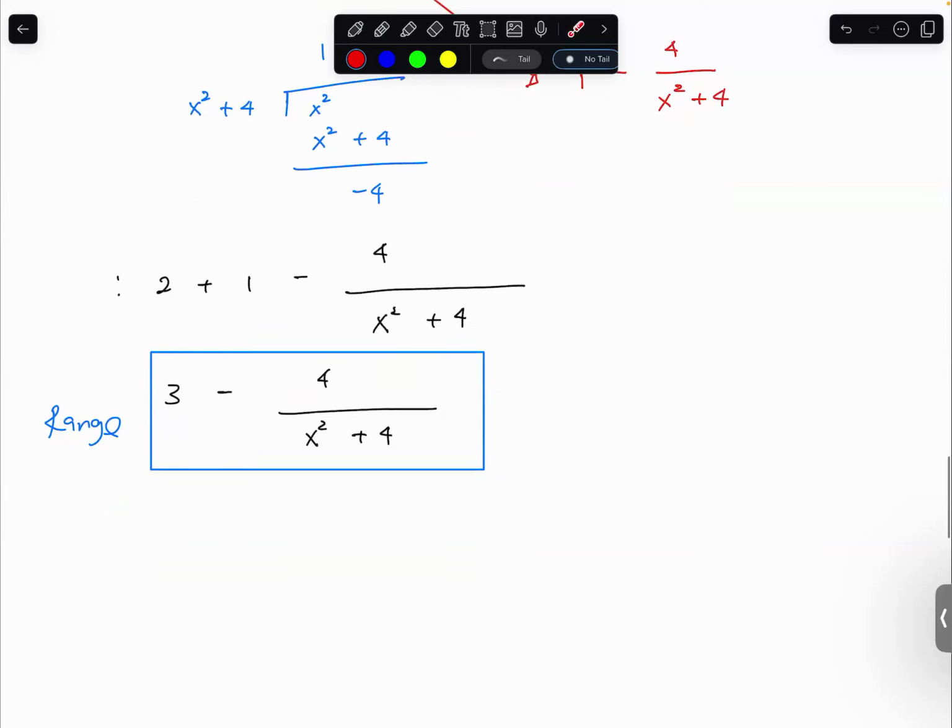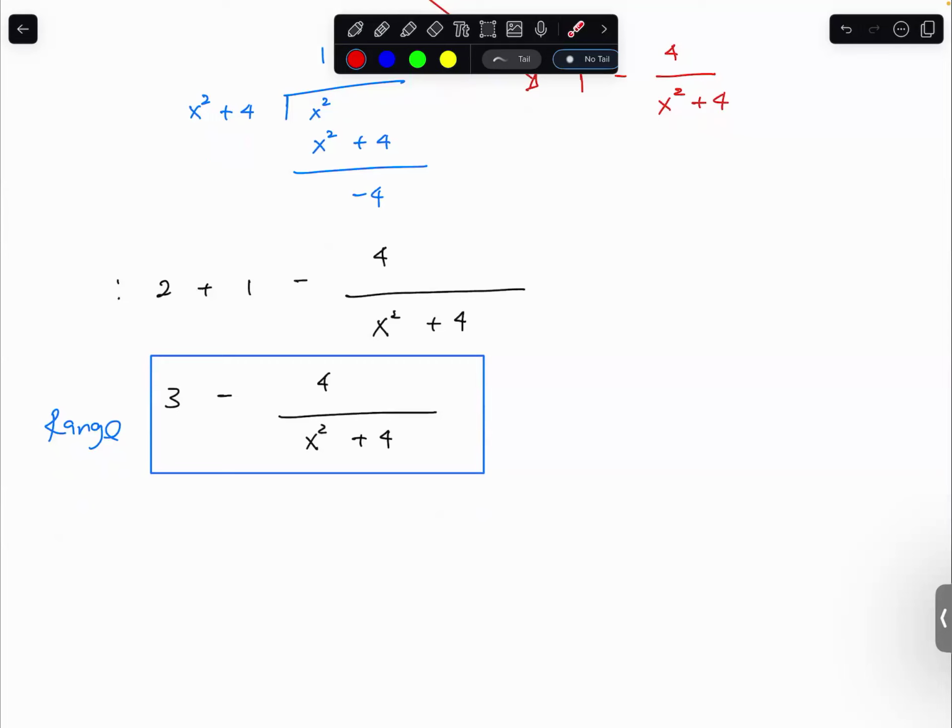So let's take a look at the extreme case, when x equals 0. We have 3 minus 4 over 4, which equals 3 minus 1. Now this is 2.